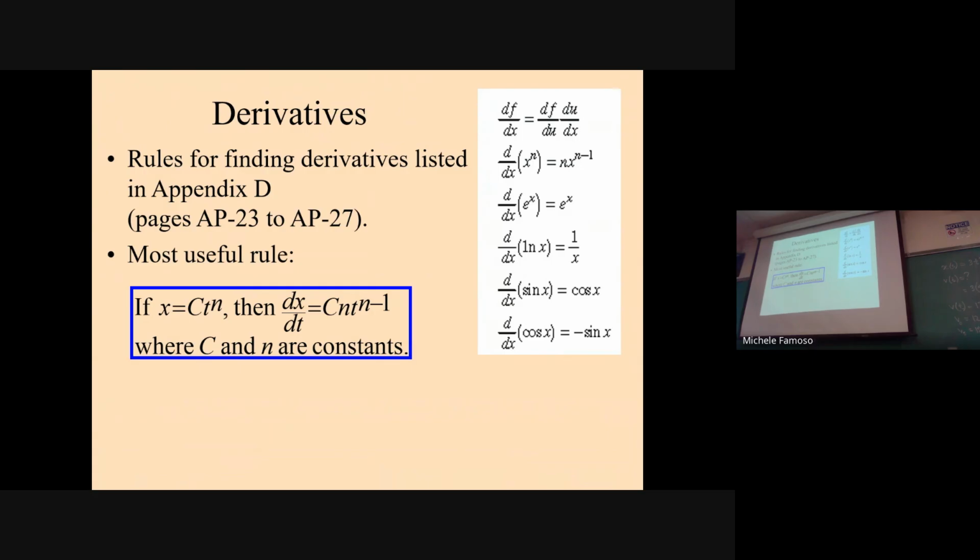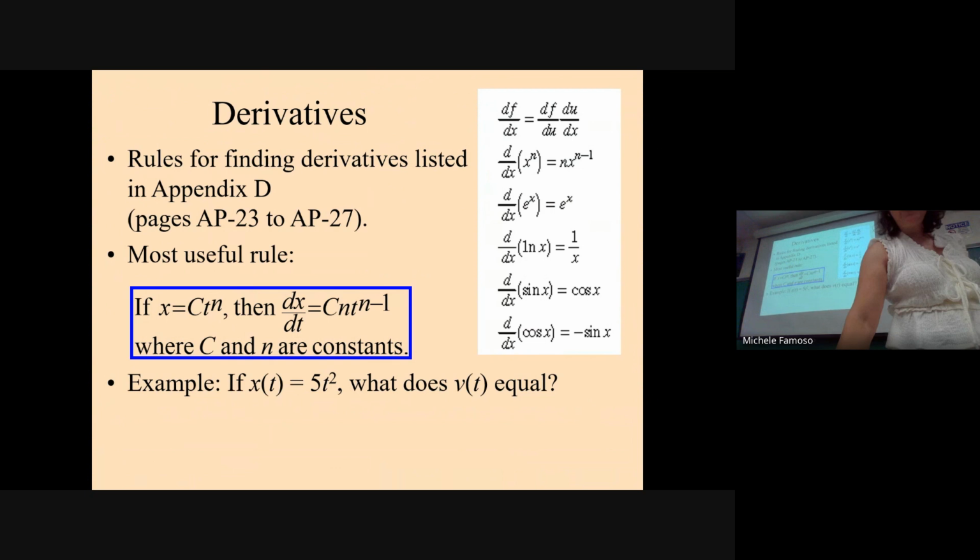In a couple of months, you're going to have to do them all. Because I know by that point you will have done derivatives in your AP Calculus classes. So all types are there. So derivatives of sines, cosines, natural logs, e to the x, x to the n, and the top one is called the chain rule. So we'll be using that as well. All right, so can you tell me, if my position function is equal to 5t squared, what's the velocity equation?